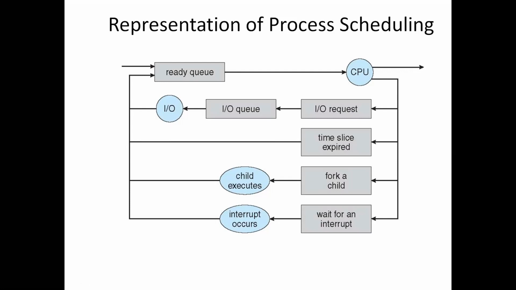After the execution of the child process, it will be shifted back to the ready queue. Or sometimes the process may wait for an interrupt to occur. After that interrupt occurrence, the process will be shifted back to the ready queue. Like this, the process will be migrated from one queue to another queue.